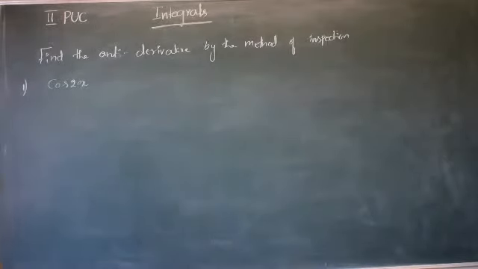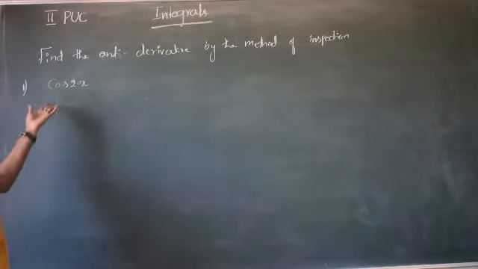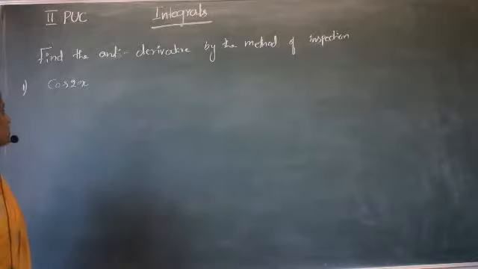That means we have to find a function such that its derivative will be cos 2x. We know that cos is the derivative of the sine function.